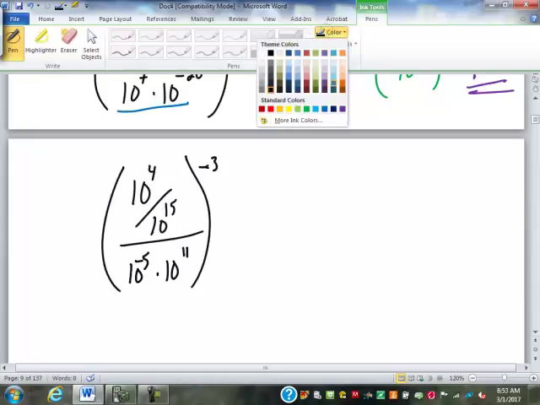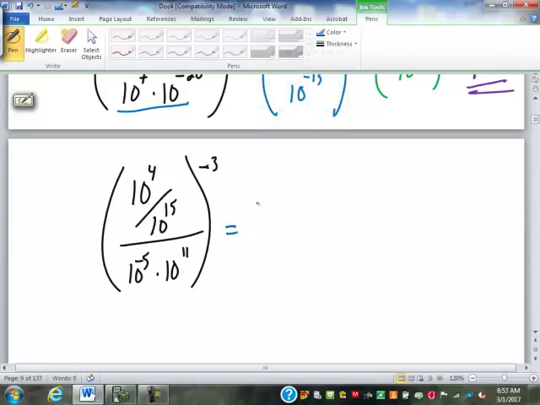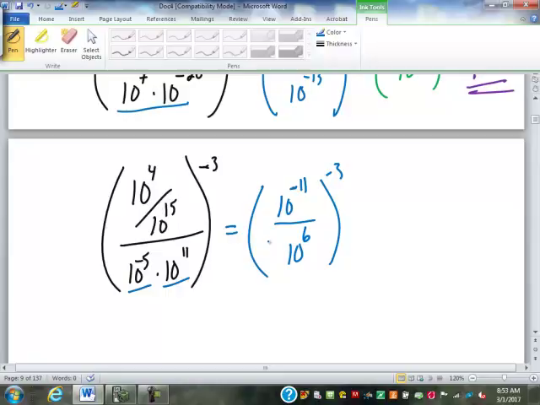So tell me what to do here. So 10 to the 4th divided by 10 to the 15th. So 4 minus 15 is 10 to the negative 11. Negative 5 plus 11 is 16, because we're multiplying, we add. Then what?